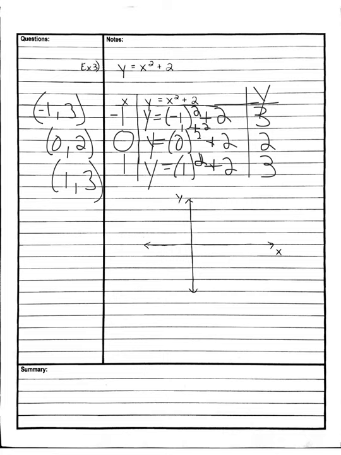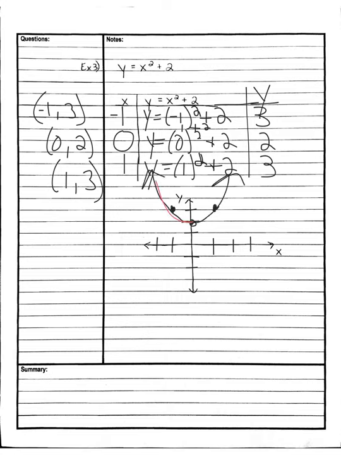So if we were to graph this, we would go over to our negative 1 and we'd go up to 3. Over 0, up 2. And we'd go over 1, up 3. And this is going to create what we call a parabola.